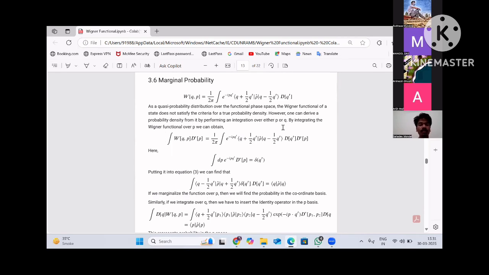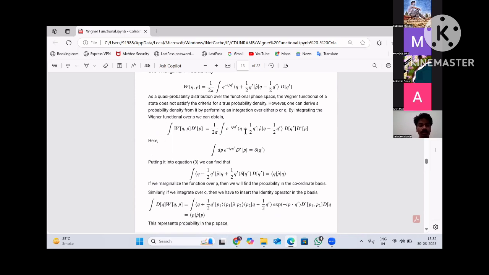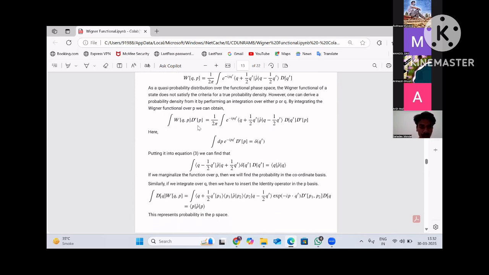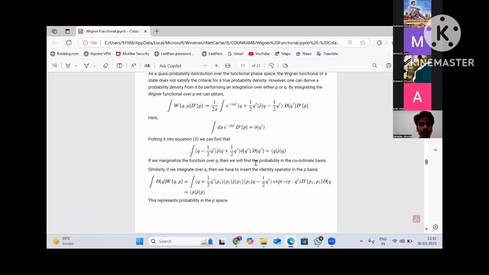If we integrate this over P and Q, we find that the integration of W(p,q) over p is given by this equation, where there is a delta function.